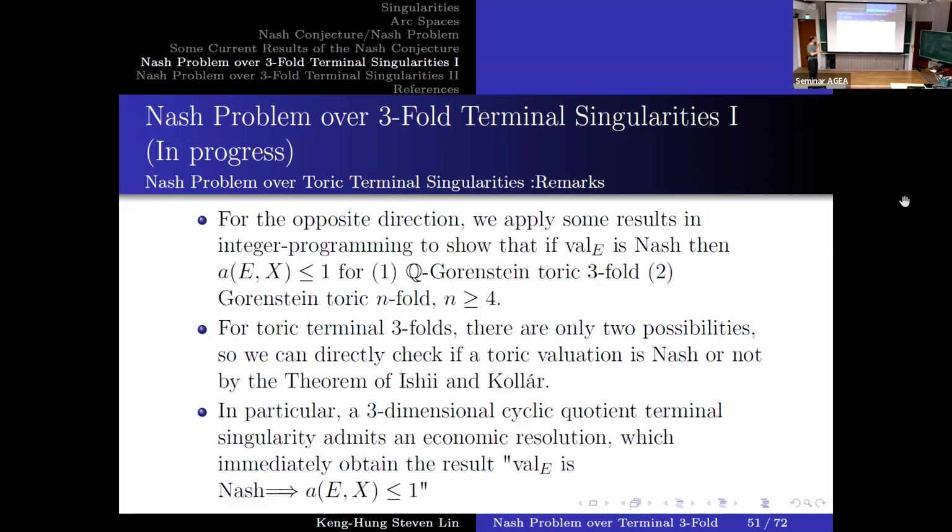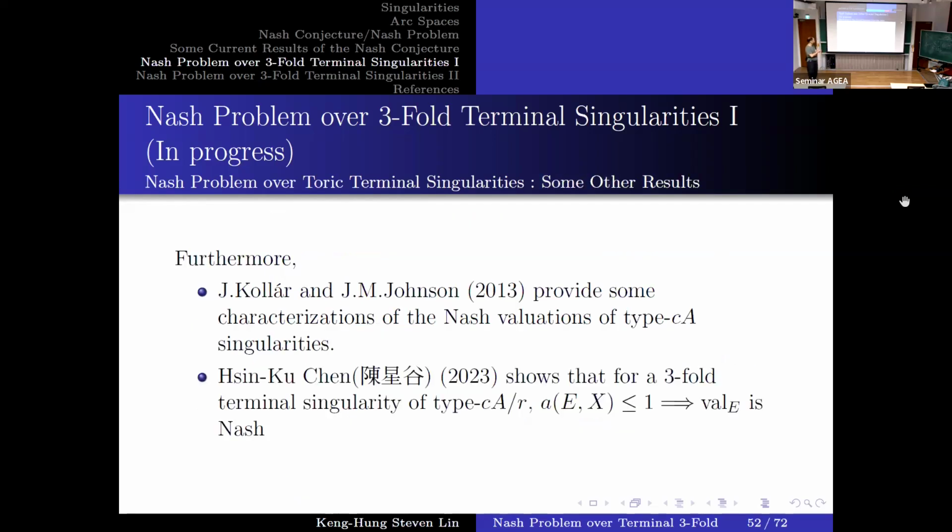And Kollár and Johnson, and also Chen Xinggu, have some results about the Nash valuations over cA type singularities or cA over R singularities. In particular, Chen Xinggu shows that for a threefold terminal singularity of type cA over R, if the discrepancy is bounded by 1, then the corresponding valuation is Nash.